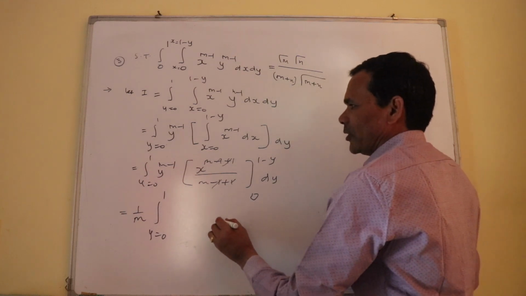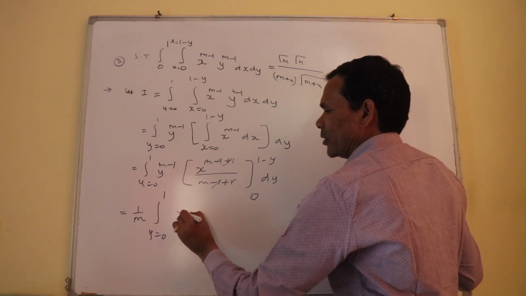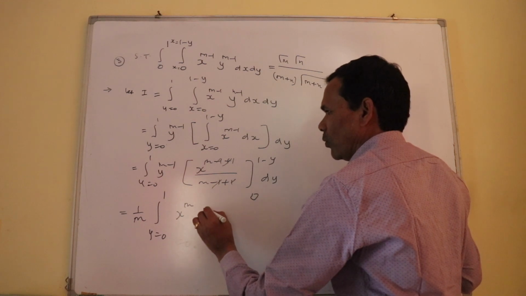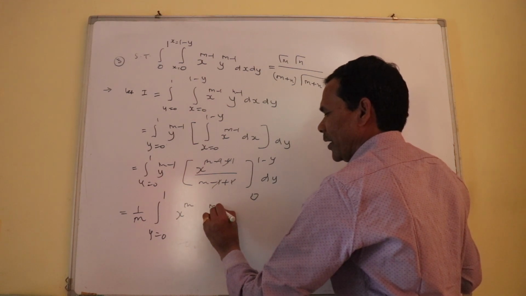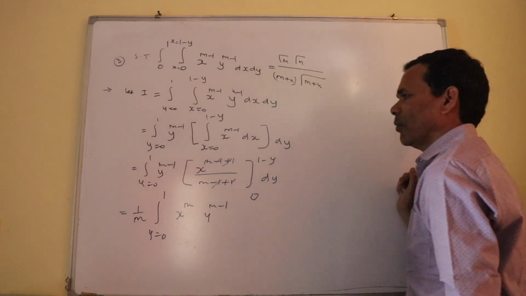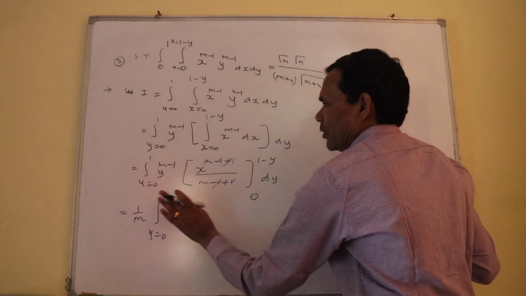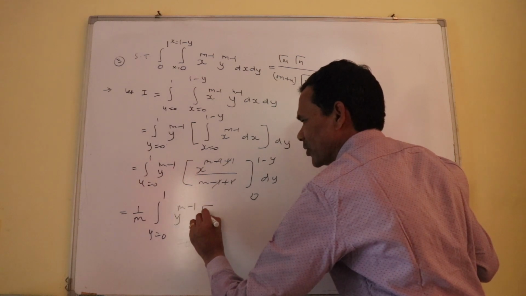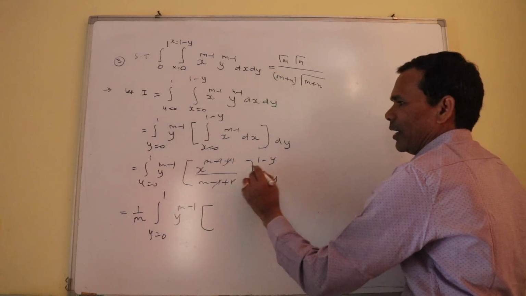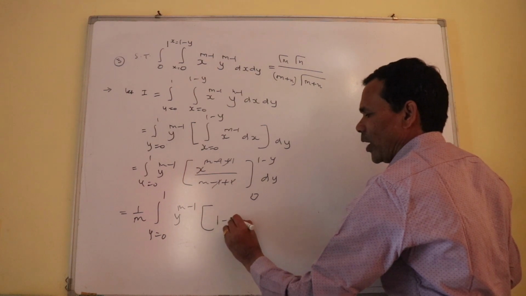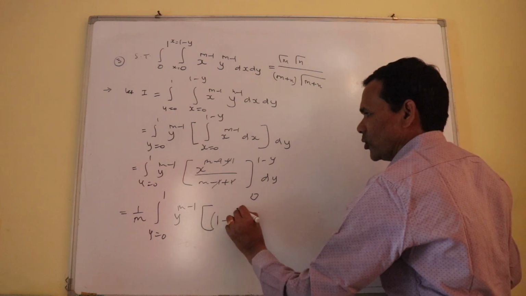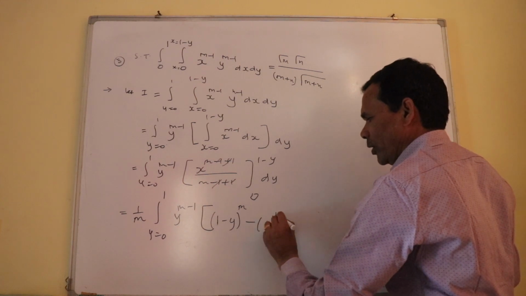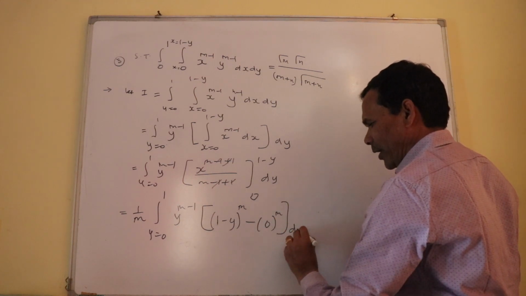y is equal to 0 to 1, x raised to m, and y raised to n minus 1. I apply the limits, this m is taken outside, apply 1 minus y, bracket raised to m, minus 0 raised to m as the lower limit, into dy.